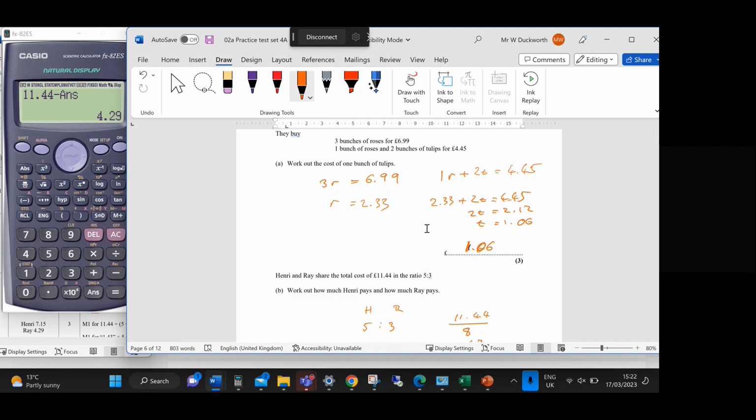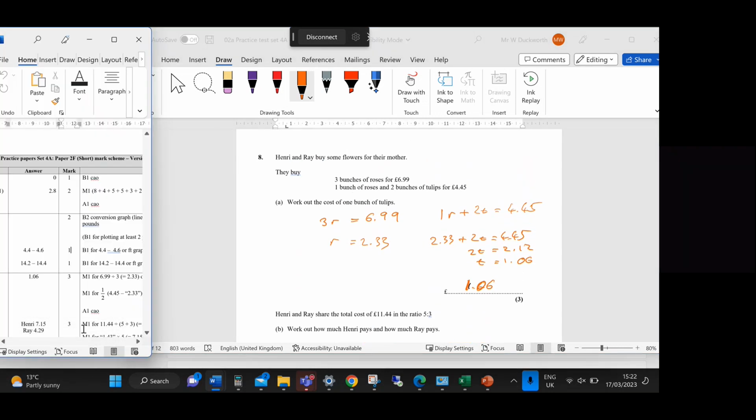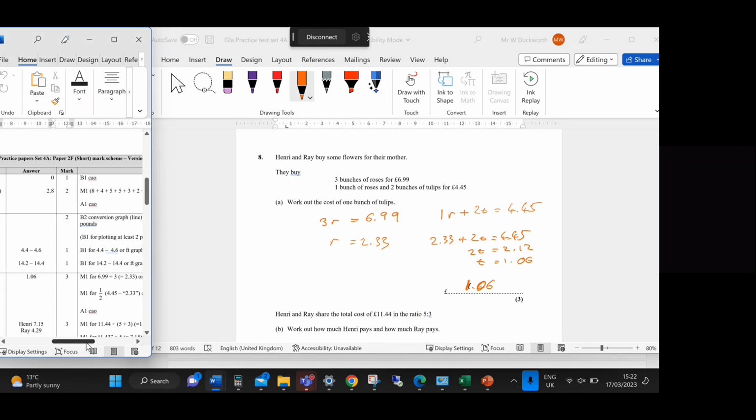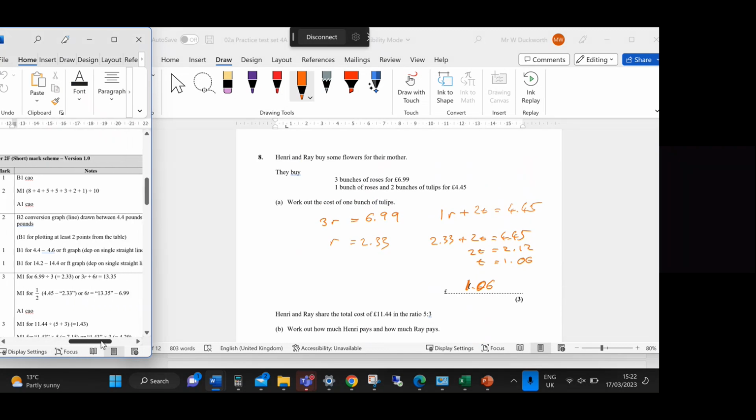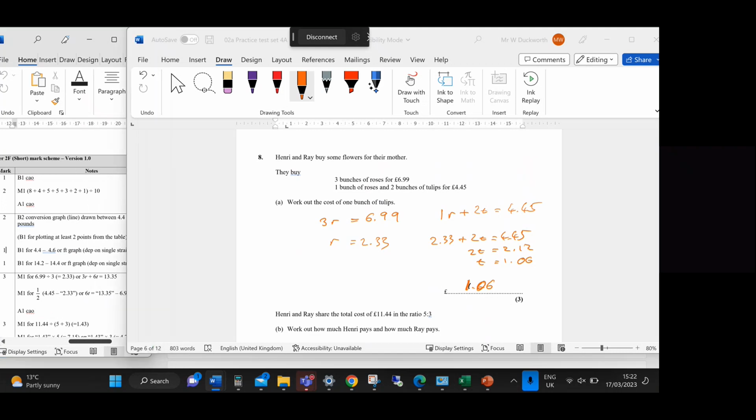Okay, and then marks for that, where do they come about? So we have got M1 for, okay, there we go. You can kind of see that nicely there. M1 for £6.99 divided by 3, which is 2.33. So we got M1 there. Then we go.